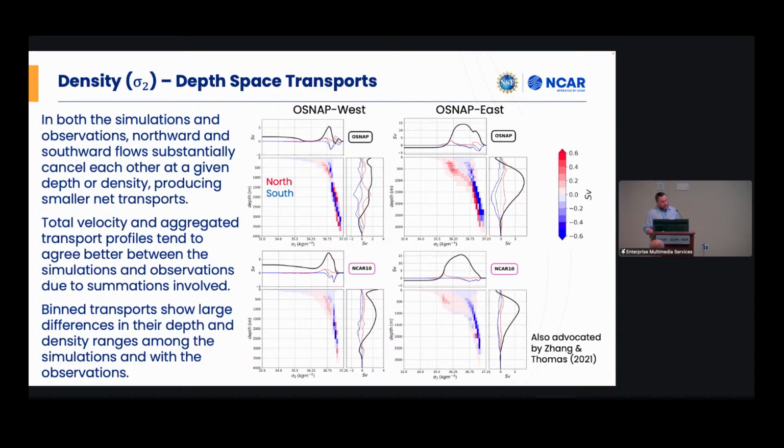One thing we argue in that study is that looking at the MOC in depth space or density space is a limitation, and so we argue that people should maybe think about looking at it in a two-dimensional view. We are binning the transport in depth and density, and that's the color shading, with blue for southward flow and red for northward flow.